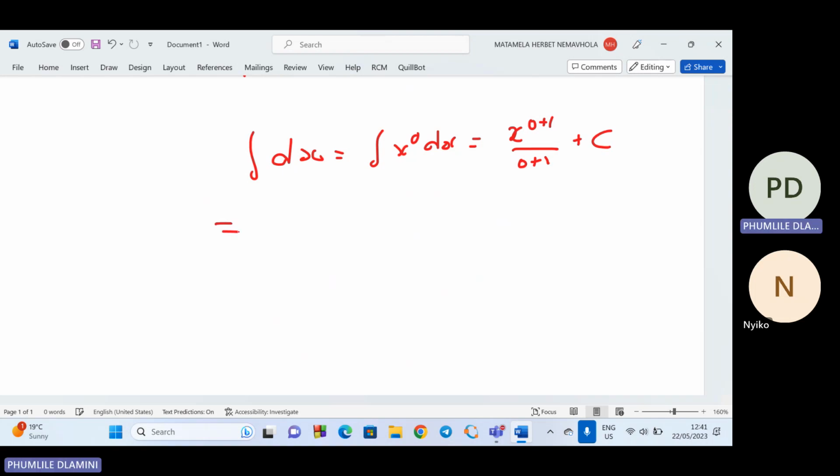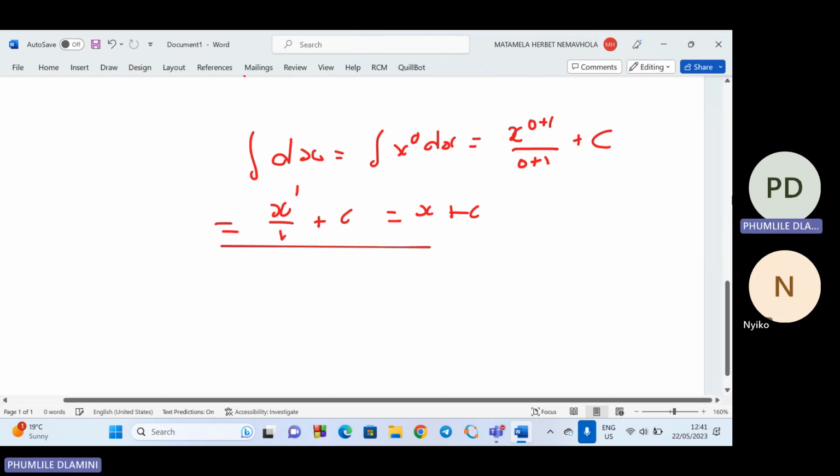Then the answer is x to the power 1 over 1 plus c, which is x plus c. So now we have just spoken about the basic integration rules.